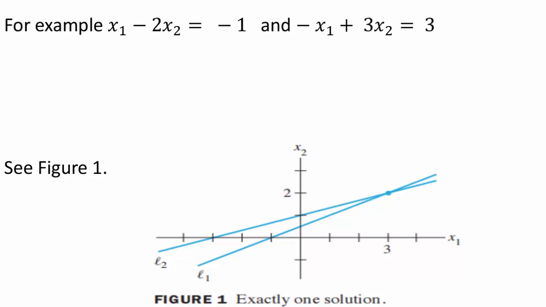Clearly see that these two lines intersect at a point. It is nothing but (3, 2). The coordinates of the point of intersection are (3, 2).